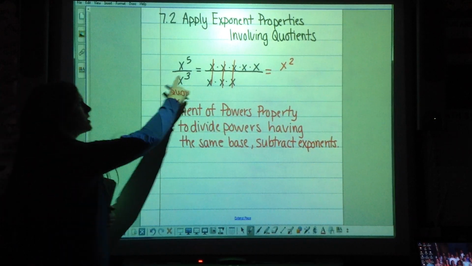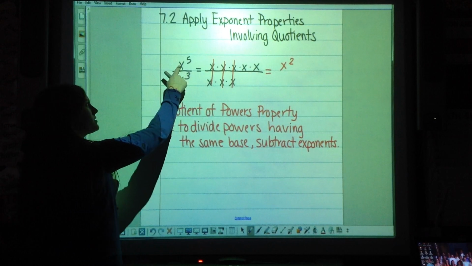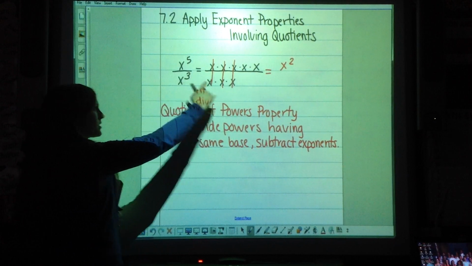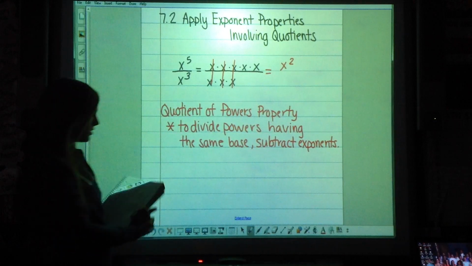Okay, so instead of writing this out the long way, you can see that I have the same base. They're dividing, so you just subtract the exponents, you'd be left with 2.